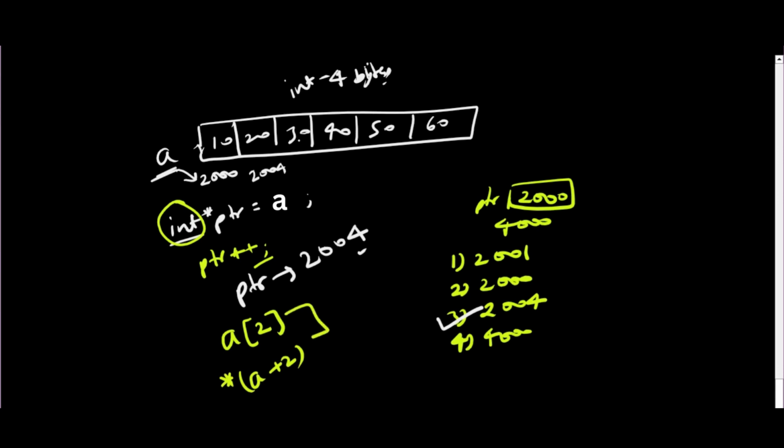These statements are exactly the same. That means move two addresses ahead and then dereference it. So what is A? A is the base address, that is 2000 here. So 2000 plus 2 addresses, that means it will move till here, 2008, and then it will dereference. That means what is the value stored there, and it is 30. So we get A at 2 equals 30.